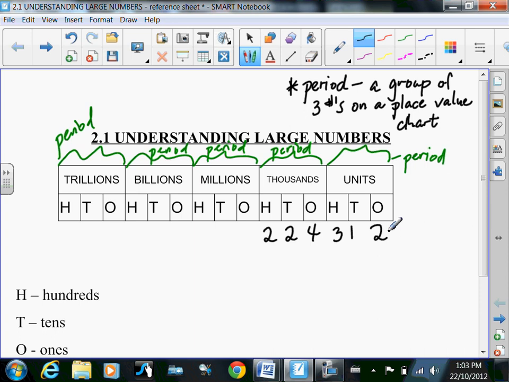Okay, so the answer is 224,312. Now, for any numbers in the units period that are with other numbers in other periods, we don't say units afterwards. So again, the answer is 224,312.